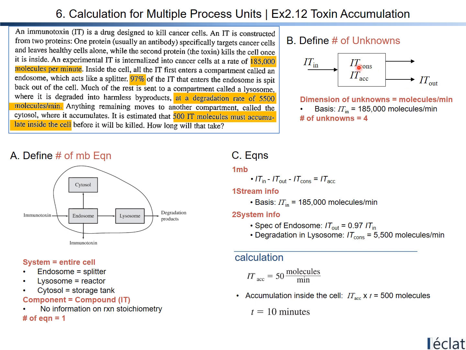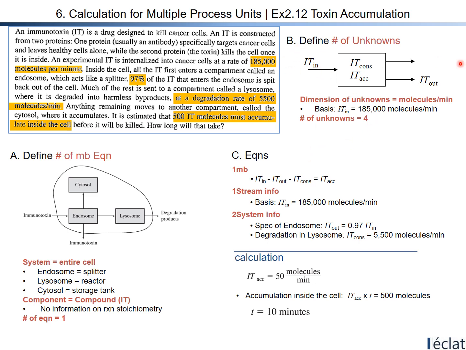Also, inside of the cell, some portion of IT in is consumed and converted to some degradation product. Also, some portion of IT is accumulated in the cytosol. So this is our block flow diagram, and the number of unknowns is 4.